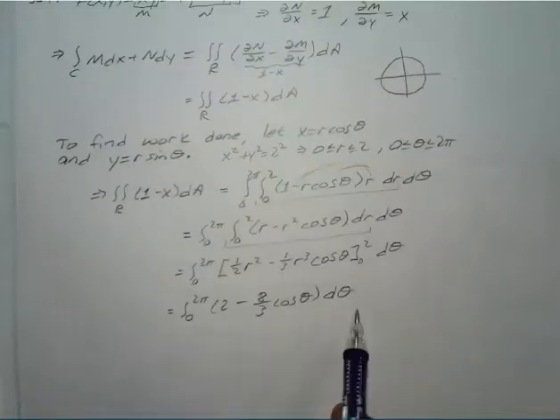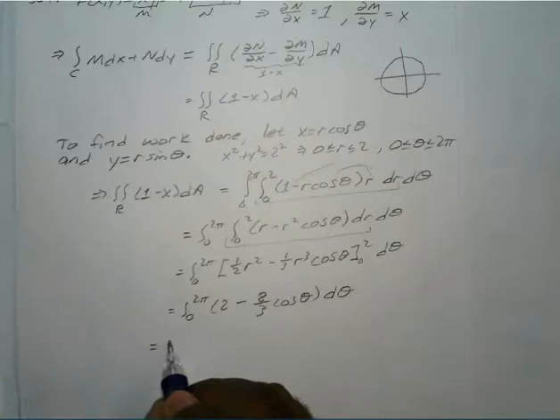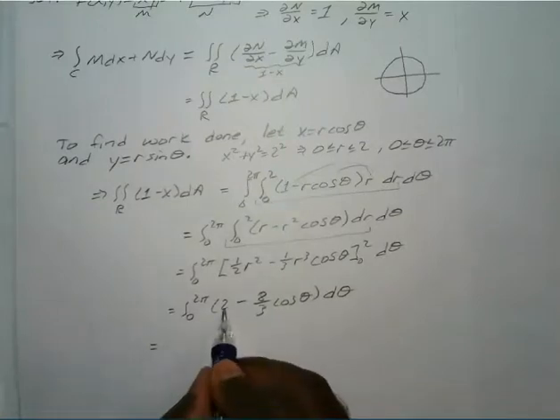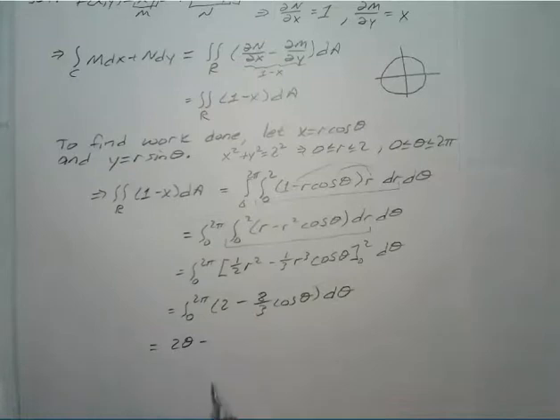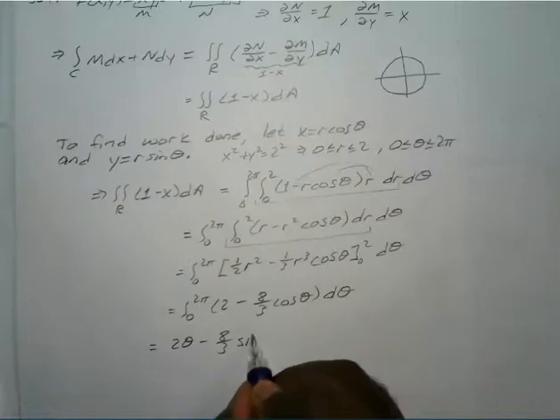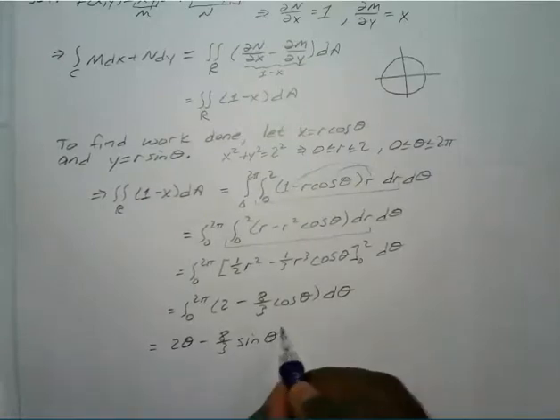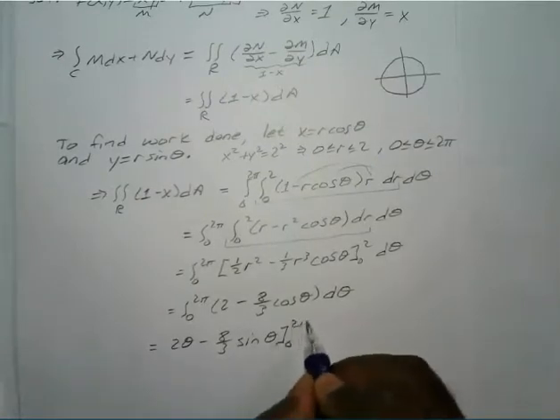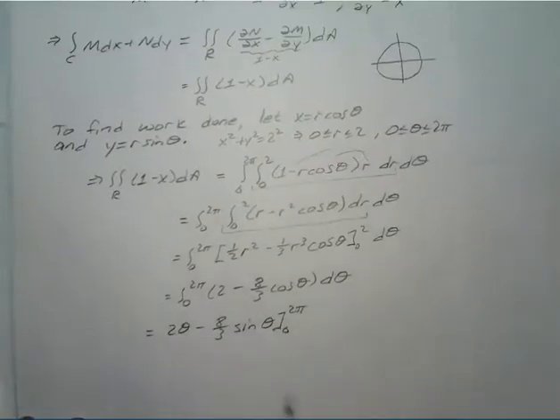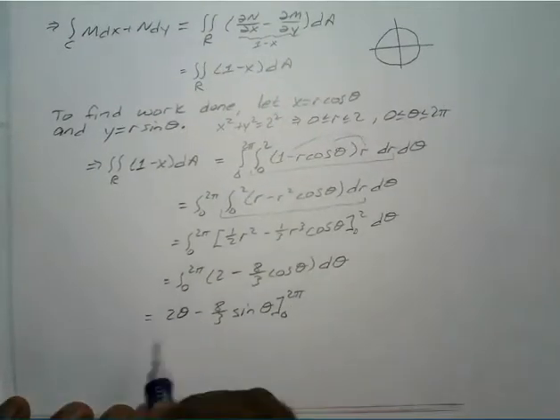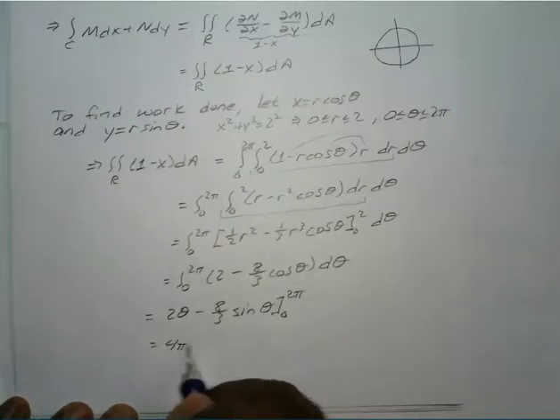So now we go ahead and integrate this. The integral of 2 becomes 2 theta, minus 8 over 3, and the integral of cosine is sine, so that will be sine of theta, from 0 to 2 pi. So we go ahead and plug in our 2 pi. We end up with 4 pi.